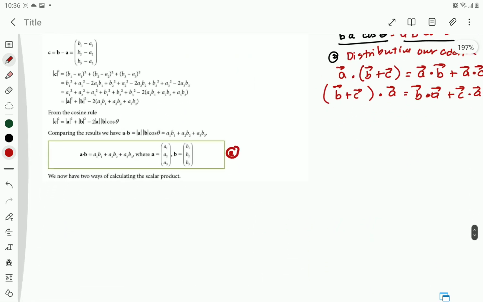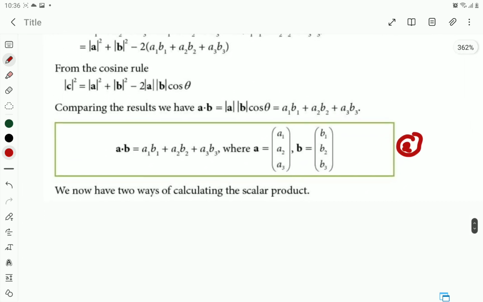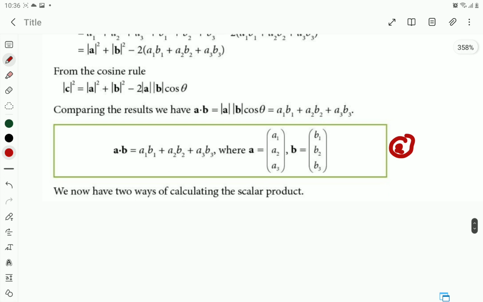Now, the other one is this. This is the other definition of the dot product. As you can see, in this definition it does not rely on the length of A, the length of B, and the angle.